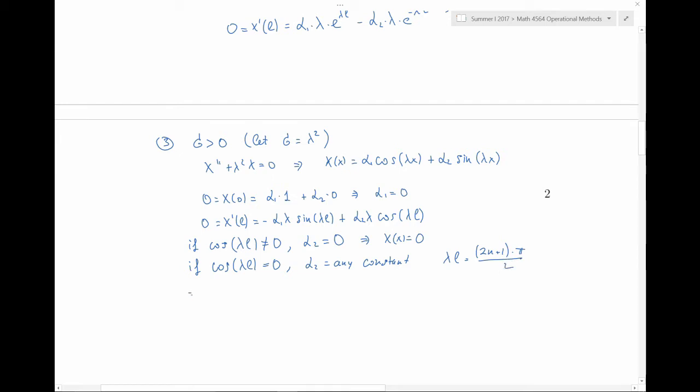Which leads to X of x being some constant times sine of lambda x, where lambda is (2n plus 1) pi over 2l, and the constant sigma being ((2n plus 1) pi over 2l) squared.